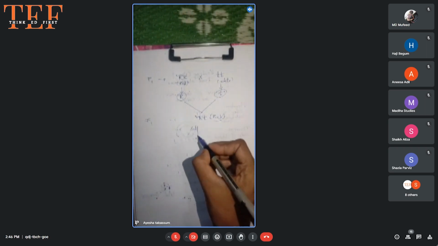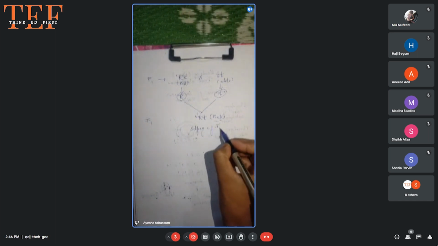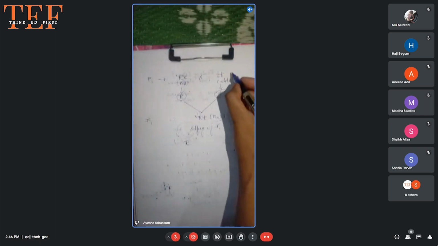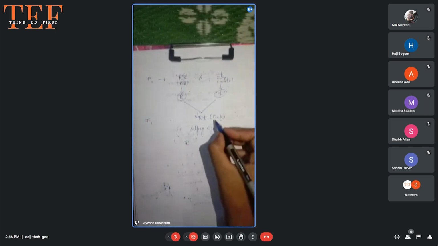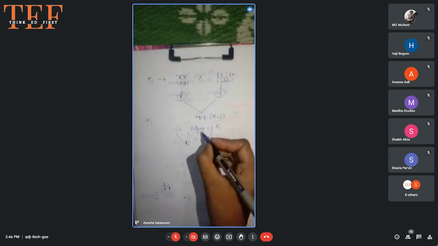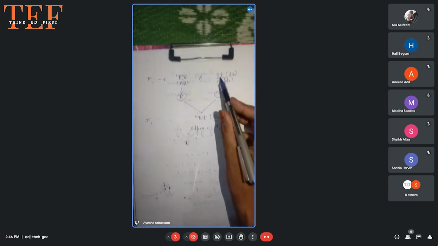Then we'll go for selfing of F1. Here you can take either small r or small t. I have taken small t; you can take small r. Why did I take t here?